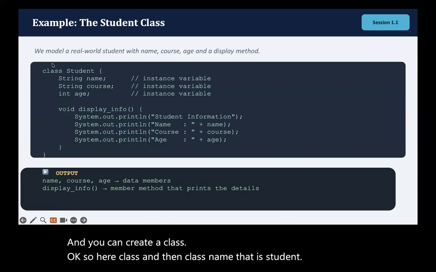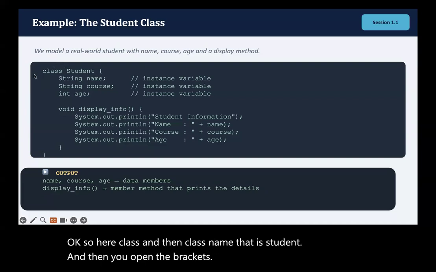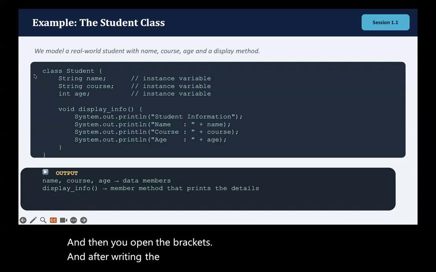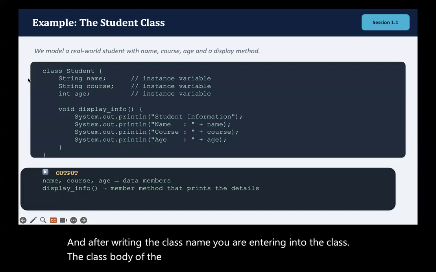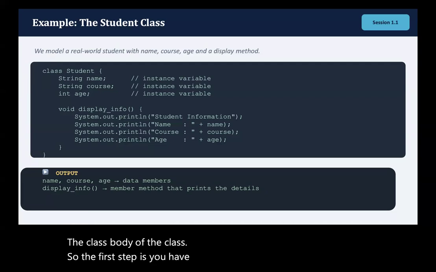Then you open the brackets, and after writing the class name, you are entering the body of the class. The first step is to define the variables, meaning the properties of that class.